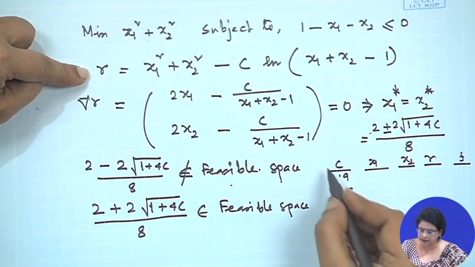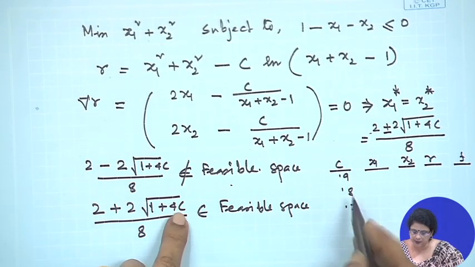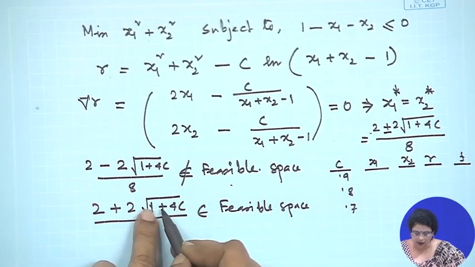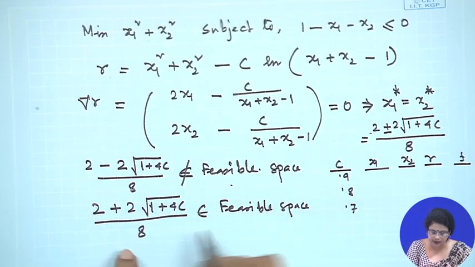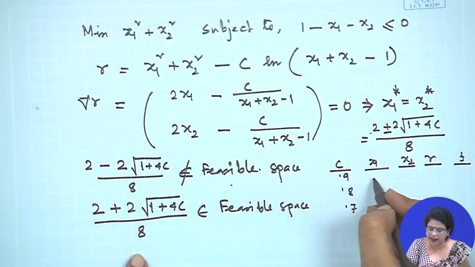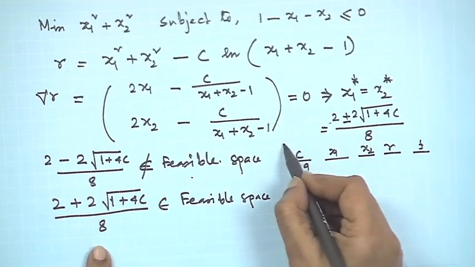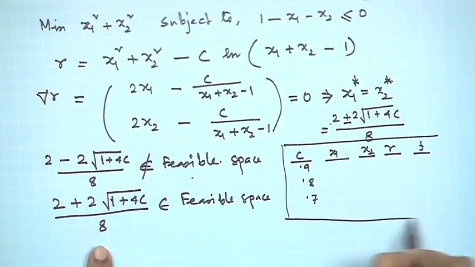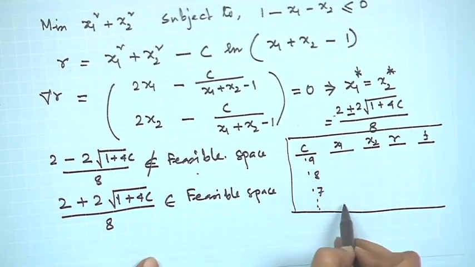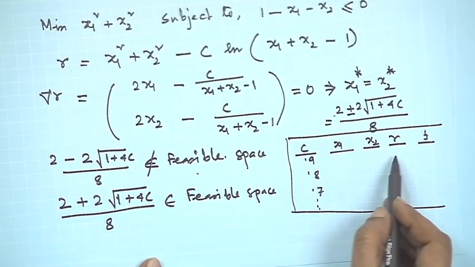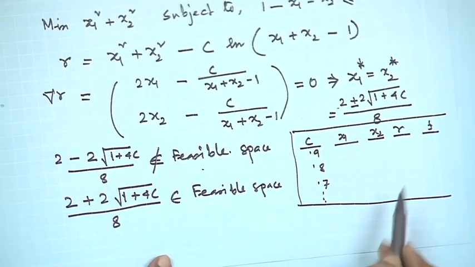We can have a table like this. By substituting the value of c as 0.9, we get 1 plus 4 into 0.9, root of that, 2 into this, etc. That would be the value for x1, and the same is the value for x2. We can complete this table. This is one way of getting it. And we will see where the x1, x2 values are converging, and the corresponding r value or f will converge; that would be the solution.